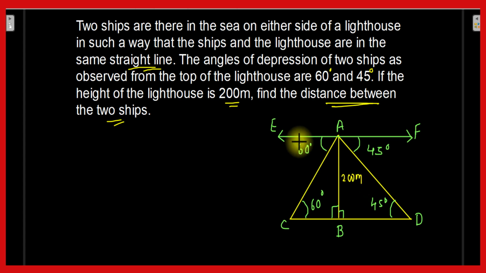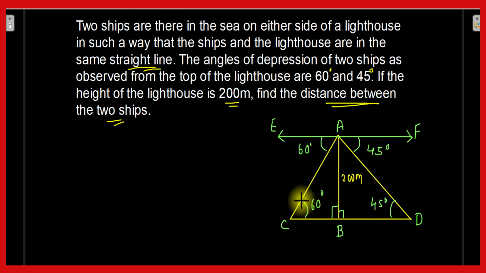Now here we know that this is the straight eyesight and this is the sea level. These two are parallel to each other, and therefore AD is the transversal. AD is transversal, and therefore this angle 45, so this angle will also be 45 because of the alternate interior angles.